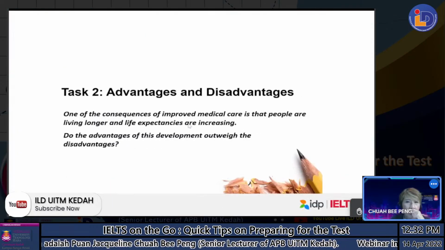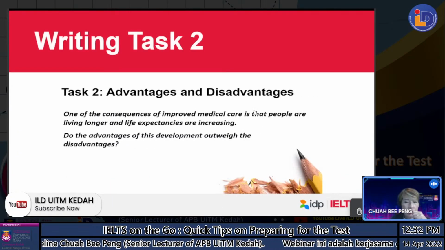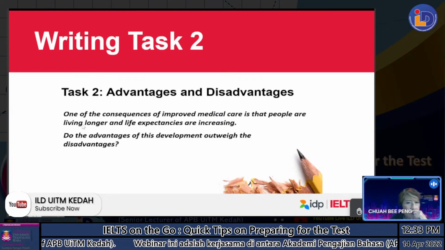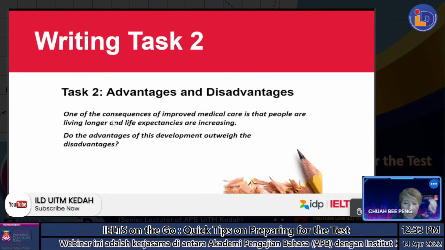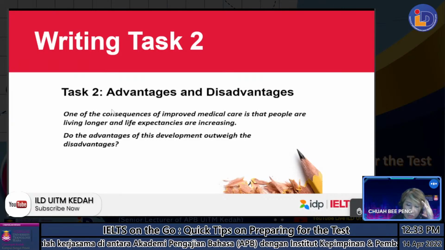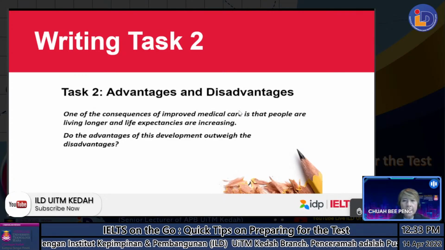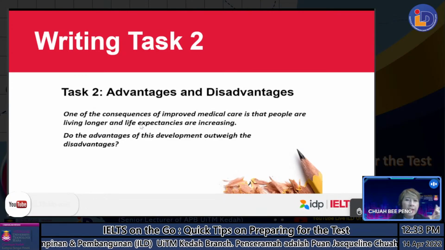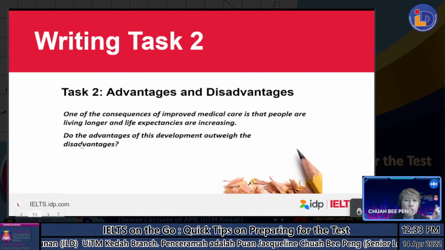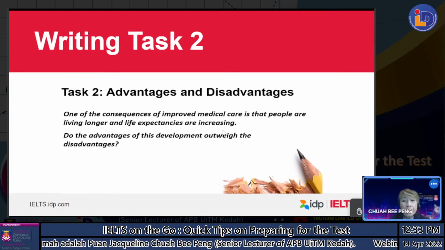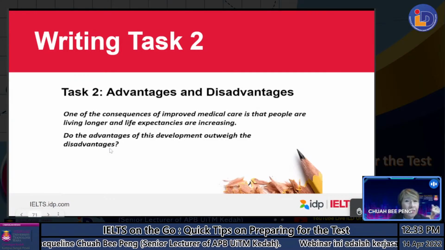Okay. And disadvantages and advantages, this one sounds very much like a secondary school type, but you have to be very careful. Sometimes whatever is from secondary school might actually mislead us. So read again: one of the consequences of improved medical care is that people are living longer and life expectancies are increasing. Do the advantages of this development outweigh the disadvantages?